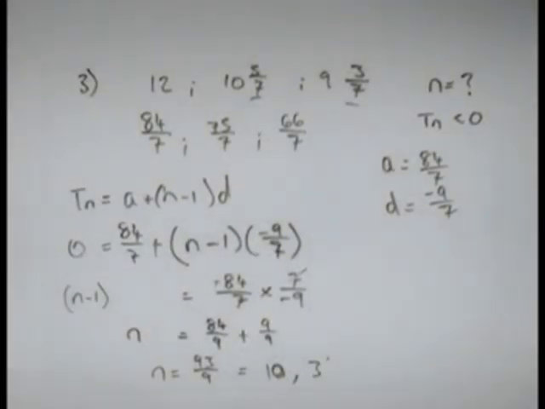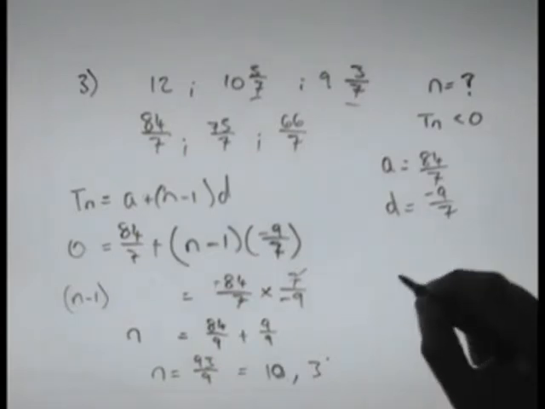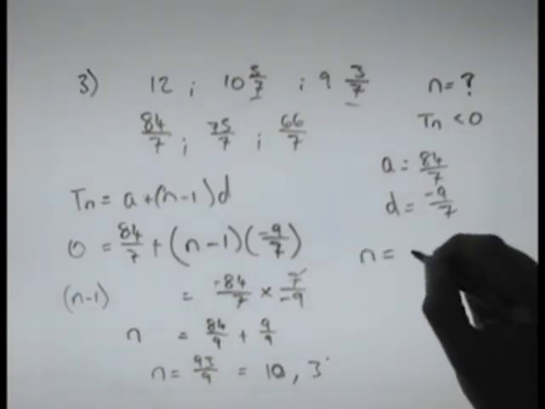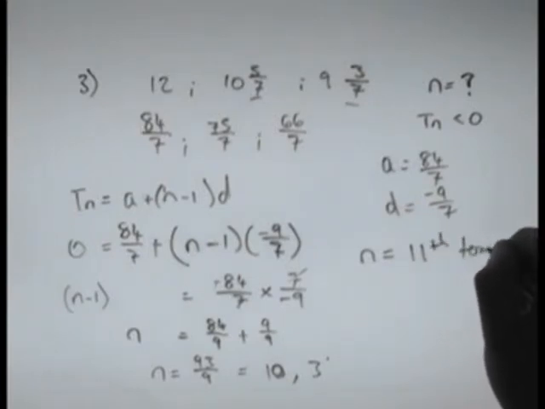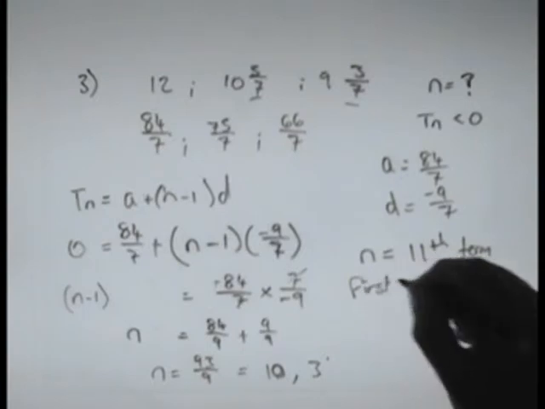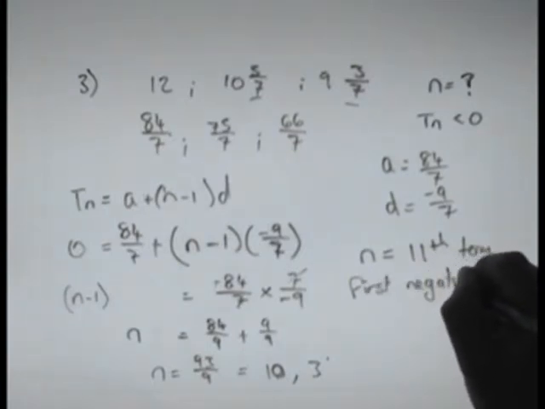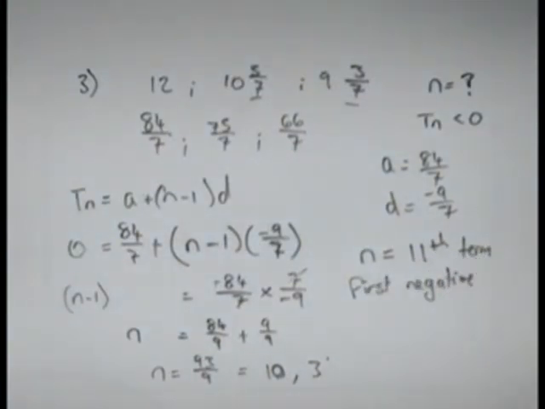So the 10.3 term is equal to 0. We are looking for what value of n, which term is going to be the first negative. That means that n is going to equal 11. The 11th term is going to be the first negative, because the 10th term is still going to be positive.